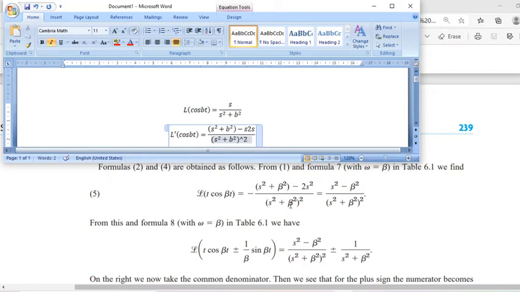So that is given here: beta square minus s square by (s square plus beta square) whole square.